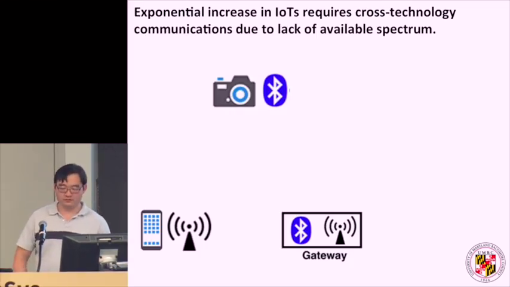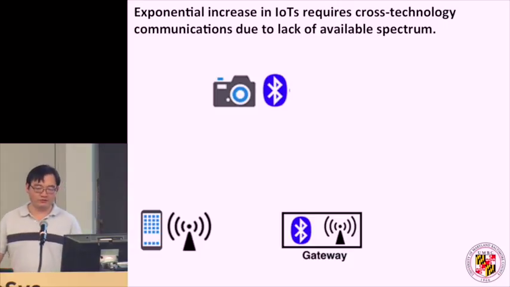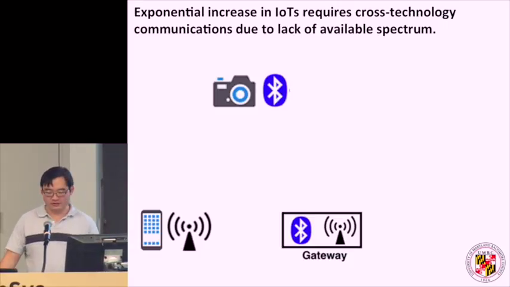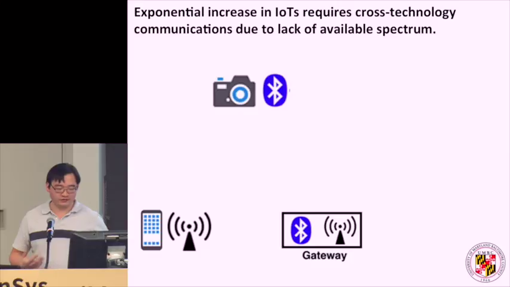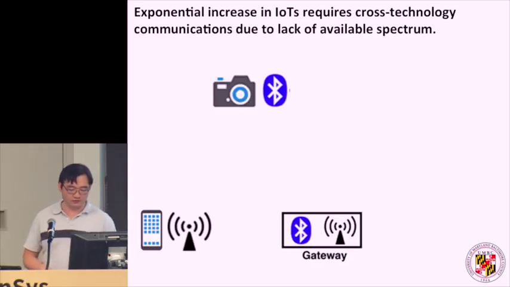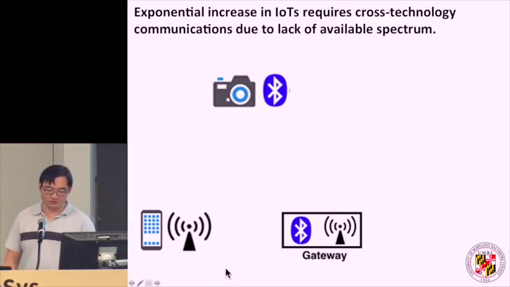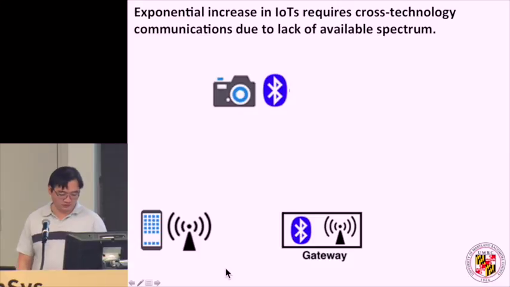So the problem that I'm going to present is dealing with devices with multiple radios. And this is a simplified example. In this example, we have an IoT device that has a Bluetooth connection, and then you have a cell phone that has Wi-Fi communication.